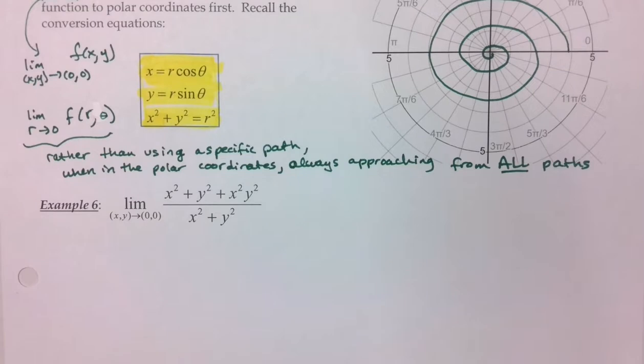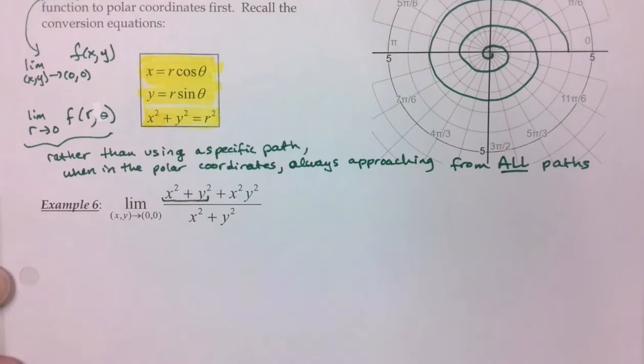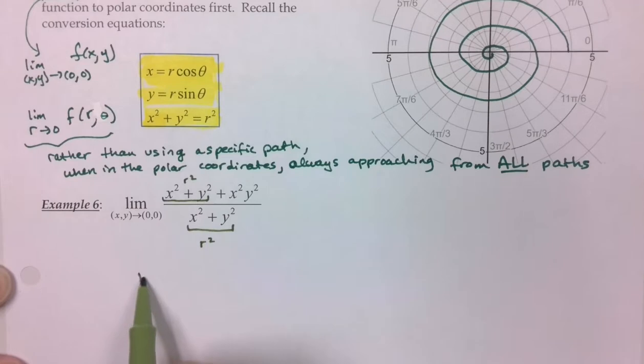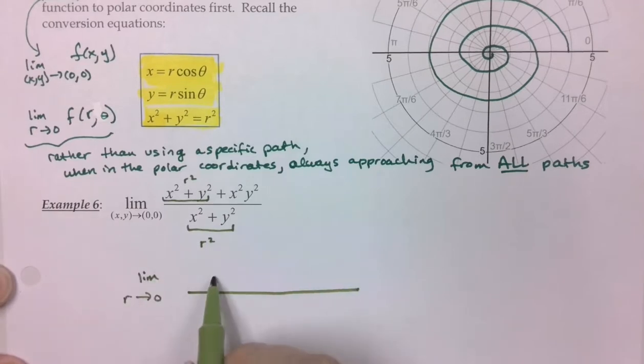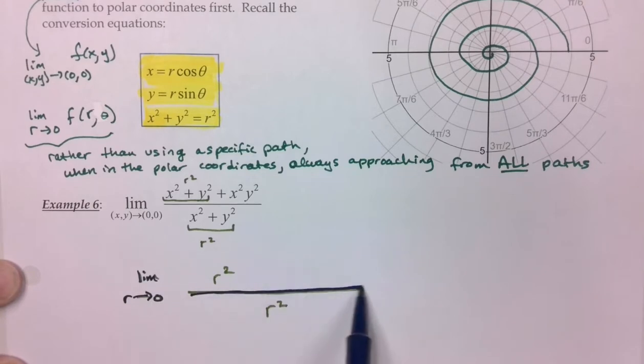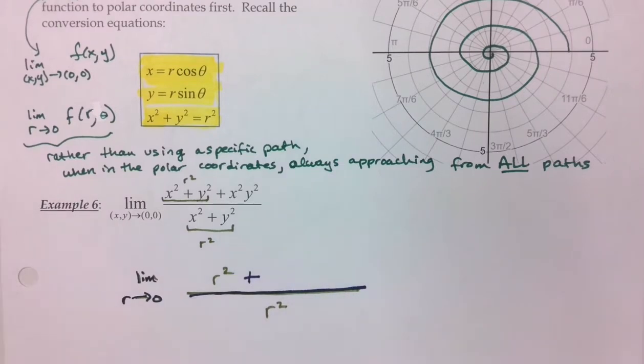Okay, so when we look at our particular problem, you can see there's an x squared plus y squared sitting in there, right there. And there's an x squared plus y squared sitting there. And according to up above, those are both r squared. So I'm going to take the limit as r goes to 0 of r squared in the denominator. Now, what about the numerator piece over on the right? Well, there's a plus, and then x squared was r cosine of theta squared.